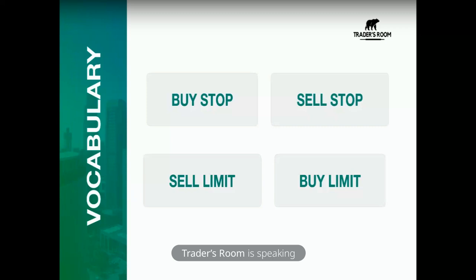The standard form of pip is 0.001, which is the four decimal points on your price quotes. So you take the entry price and the exit price, or the opening price and the closing price, and subtract these two. It is either going to give you negative or positive depending on where the market closes.